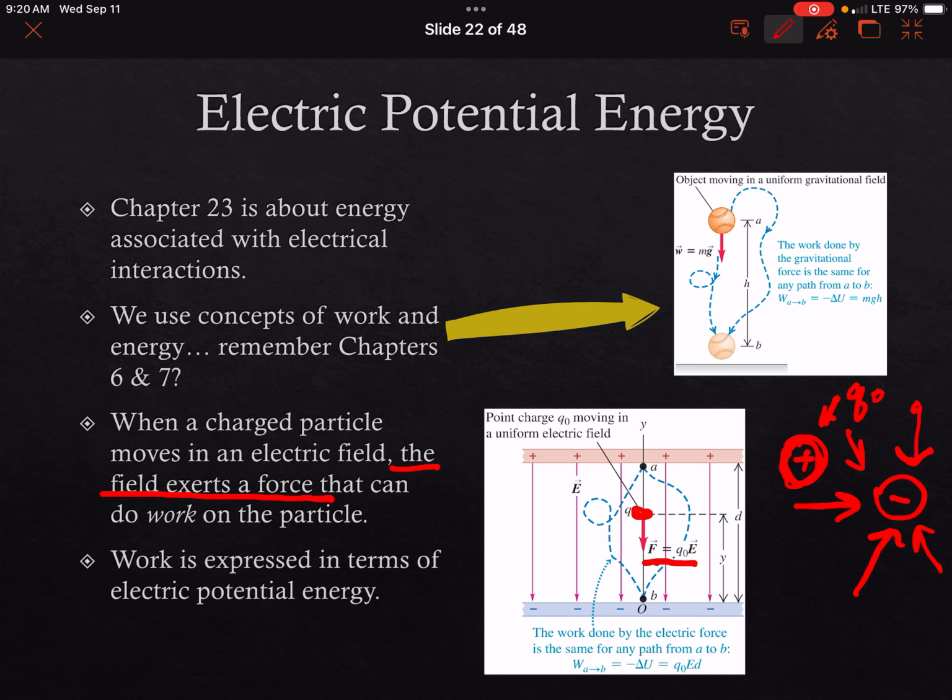And that field can be produced by a single charge, and it could also be produced by lines of charge or plates of charge or any kind of object that possesses a net charge. In this situation, we use two plates of opposite charges. We're going to give that a name in the next chapter: it's called a capacitor in chapter 24.